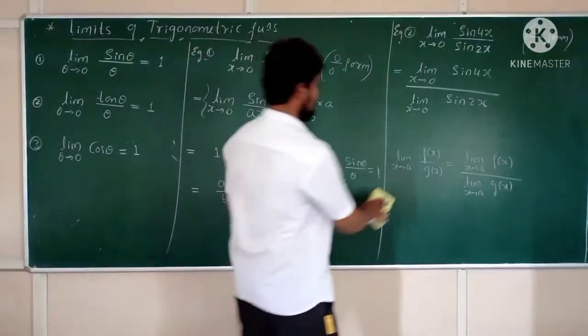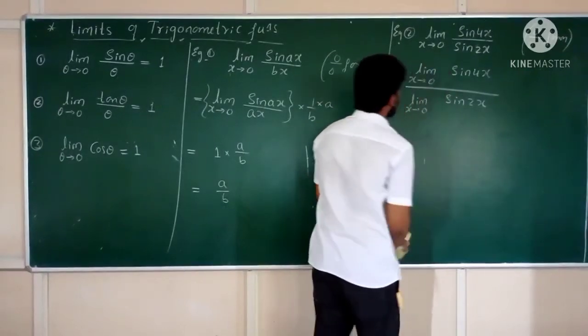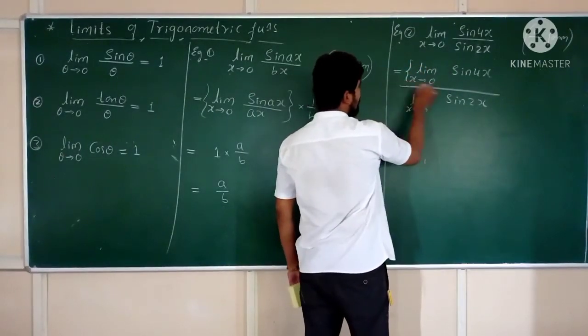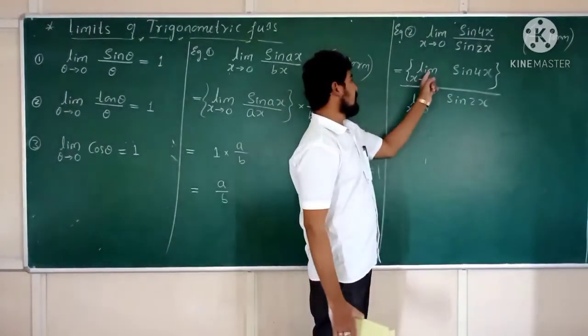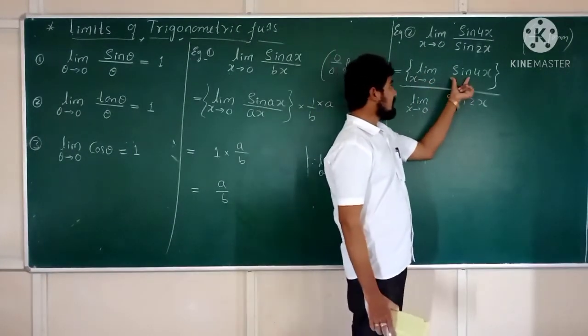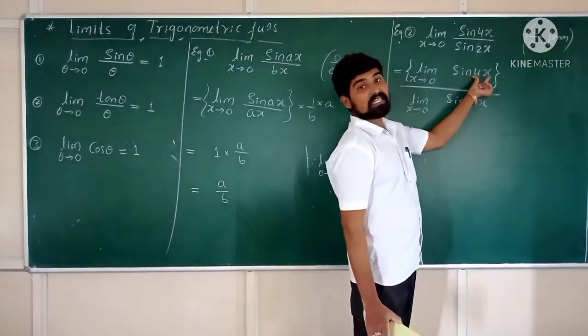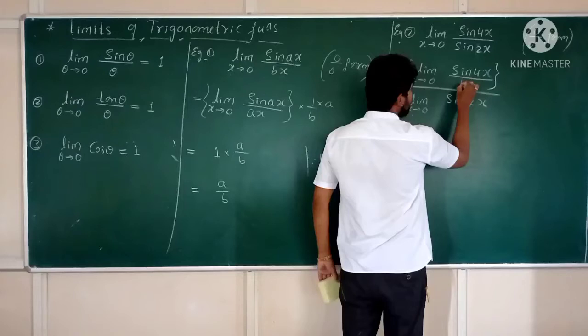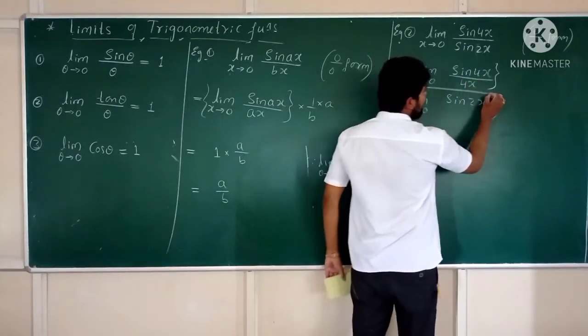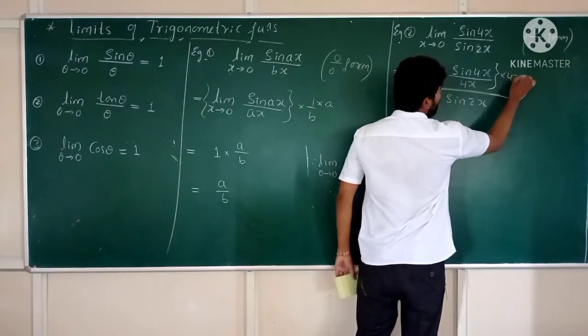Now, in the numerator, if I assume x as theta, limit theta tends to 0 sin theta, here the value of theta is 4x. So divided by theta means we need to divide this function by 4x and multiply by 4x.